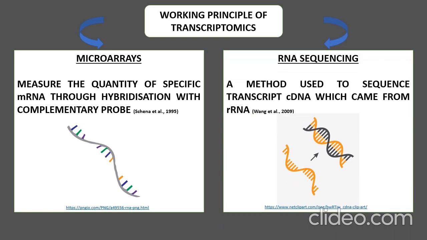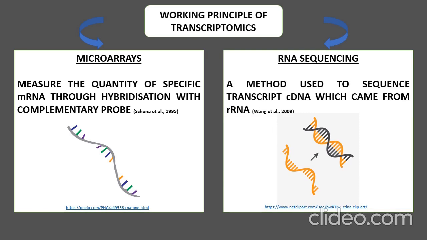The second one is RNA sequencing. RNA sequencing allows us to sequence the complementary DNA which is produced through a process known as reverse transcription of mRNA.